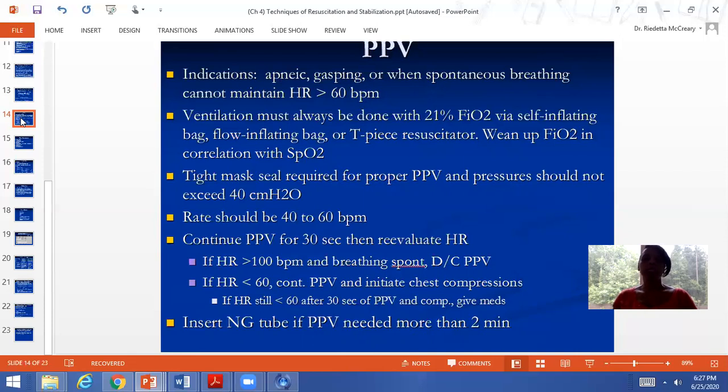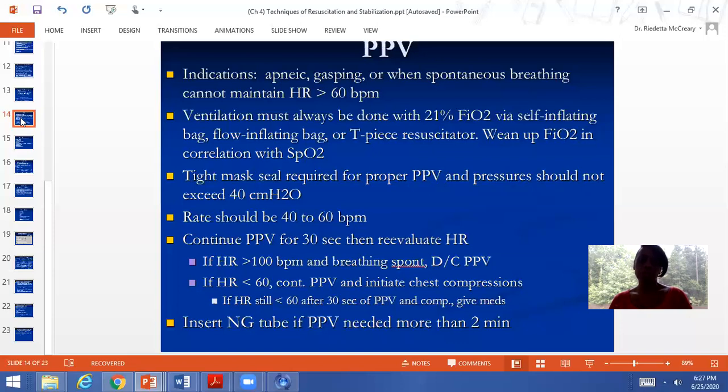Or when spontaneous breathing cannot maintain a heart rate greater than 100. Because if the baby is breathing spontaneously, the heart should be beating greater than 100, not greater than 60. So apneic, gasping, or when spontaneous breathing cannot maintain a heart rate greater than 100.